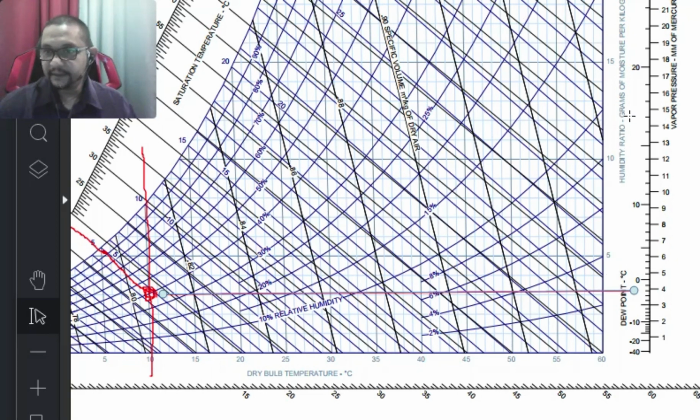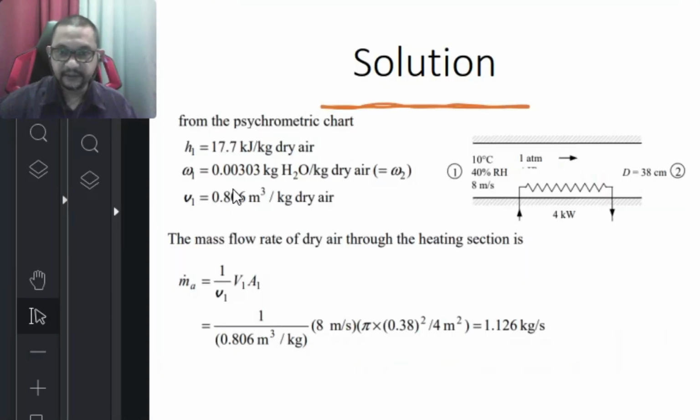The unit here is gram, so you have to divide 3 by 1000. That means omega 1 is about 0.003 kilogram water per kilogram dry air. This equals omega 2, because in heating and cooling, omega is constant.